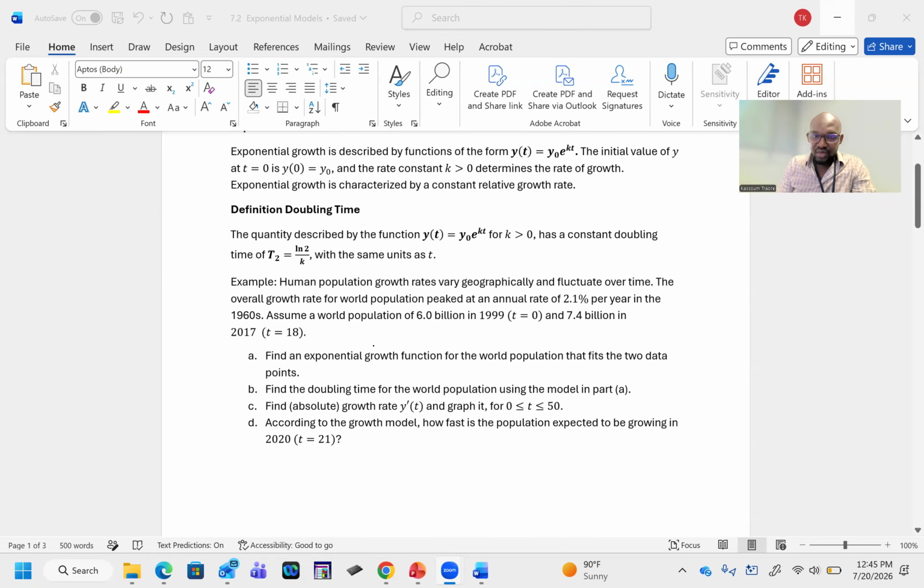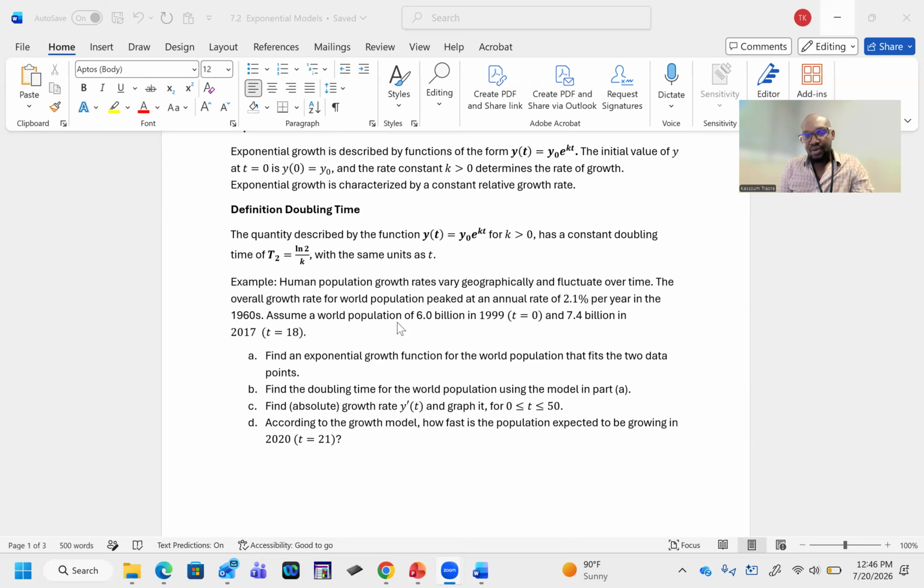Human population growth rates vary geographically and fluctuate over time. The overall growth rate for world population peaked at an annual rate of 2.1% per year in the 1960s.